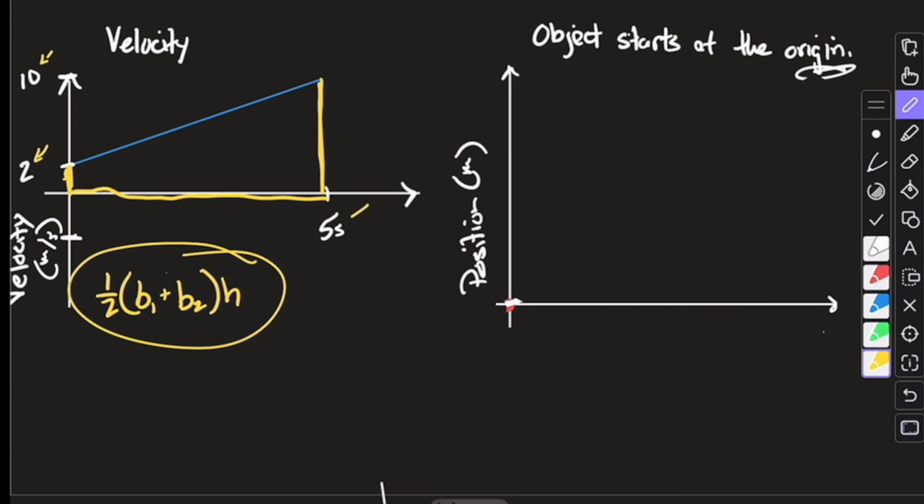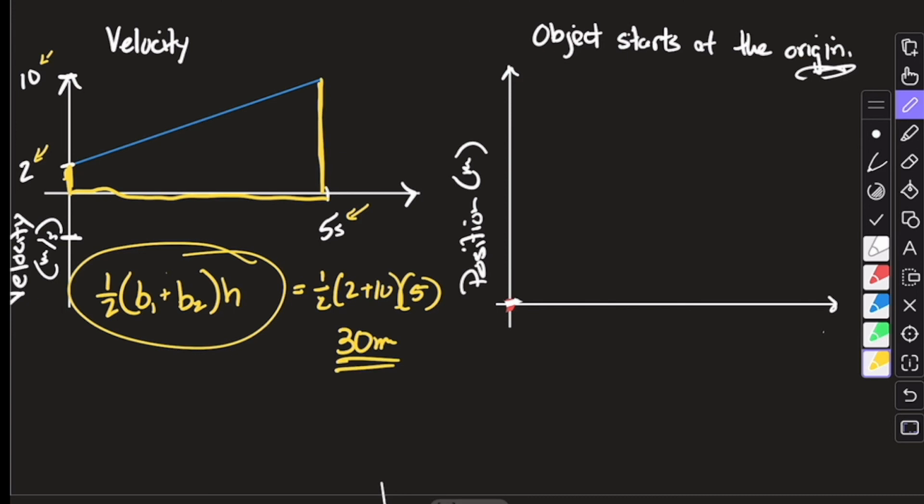The time interval is 5 seconds. To me, that suggests that there's a displacement of 1/2, 2 plus 10 times 5. 2 plus 10, that's 12. Half of 12 is 6. 6 times 5 is 30 meters.